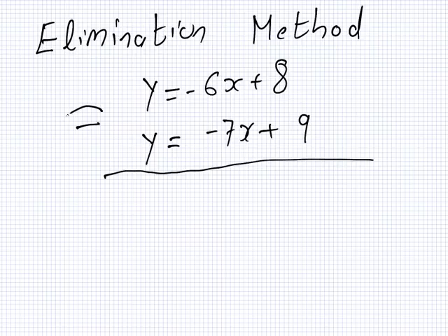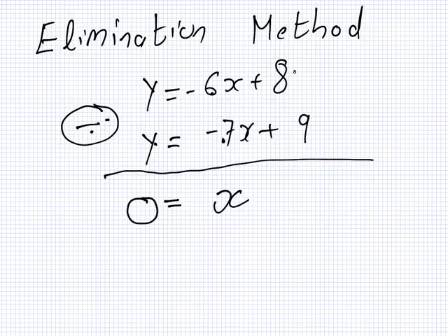We take away. y minus y is 0, equals minus 6x minus 7x, so plus 1x. 8 minus 1, minus 9 minus 1.